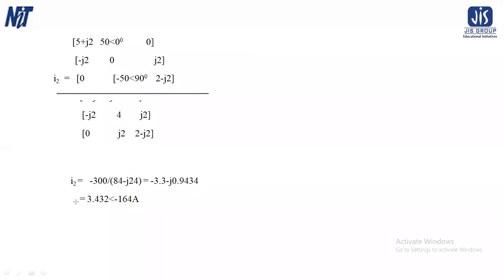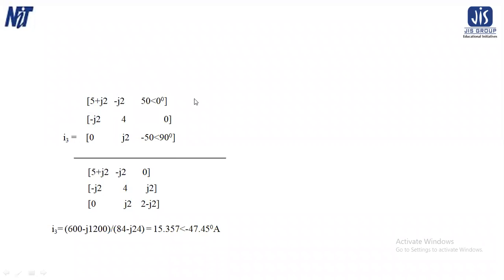So here it is the value of I2. Next, the value of I3 we can find in the similar manner: 600 minus J1200 divided by 84 minus J24, that is 15.357 angle minus 47.45 ampere.